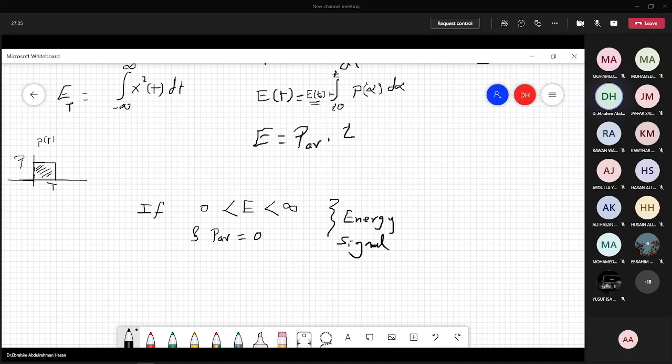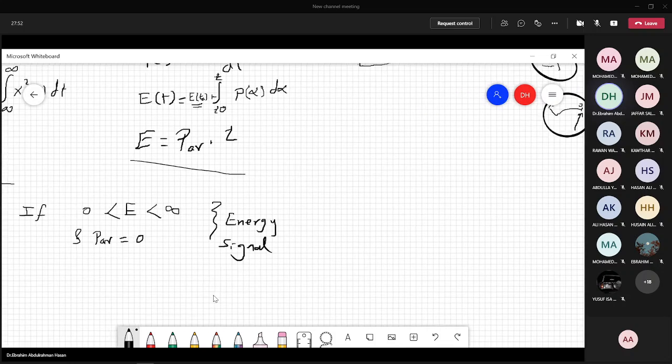But P average is equal to energy divided by time. Time is defined from minus infinity to plus infinity for all time, because it is integration from minus infinity to plus infinity. So P average will be equal to energy, which is P multiplied by T, divided by full time, which is infinity, so it is equal to 0. So P average equals 0, and this one is an energy signal.